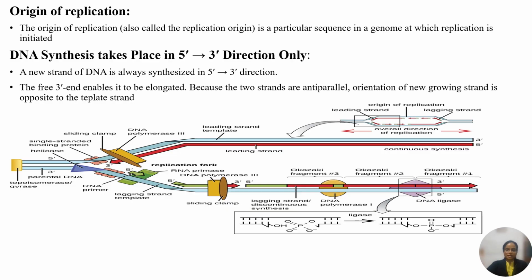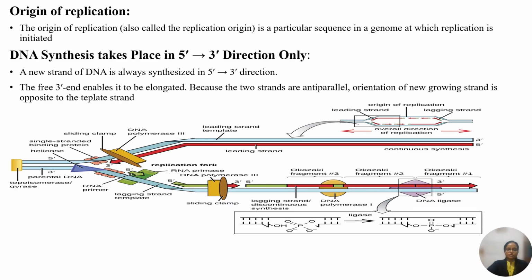The lagging strand is made in fragments, and these fragments are referred to as Okazaki fragments. In prokaryotes, the size of Okazaki fragments is between 1,000 and 2,000 nucleotides, but in eukaryotes the size is much smaller, in the range of 100 to 200 nucleotides.